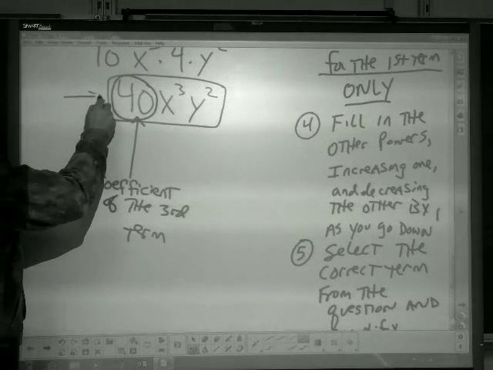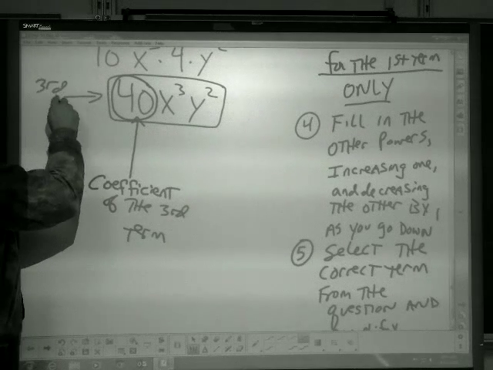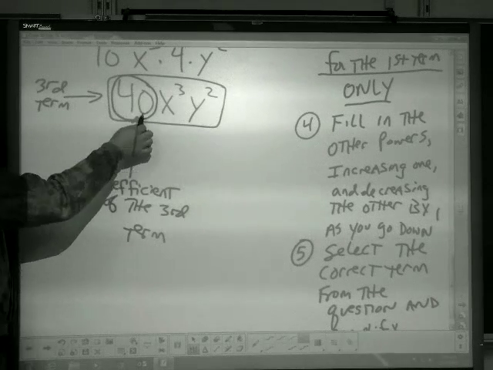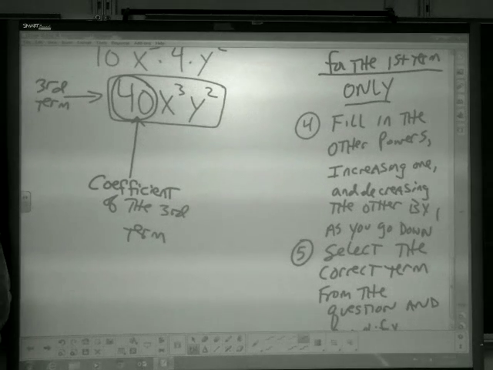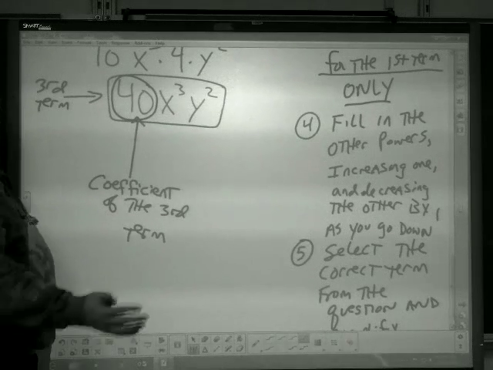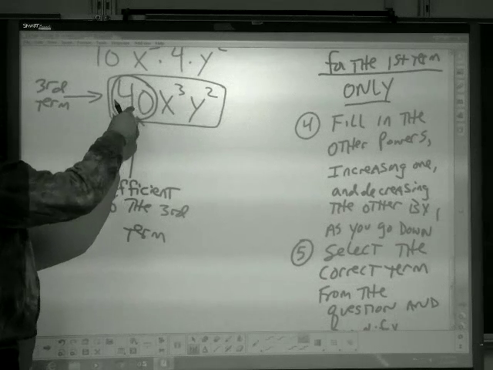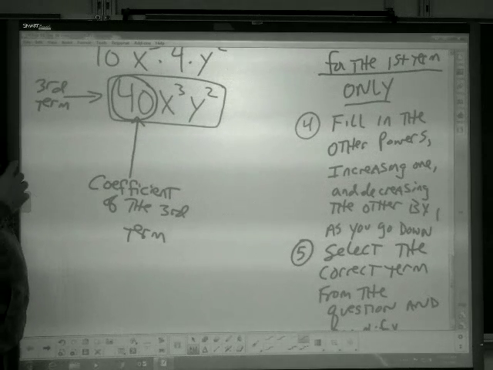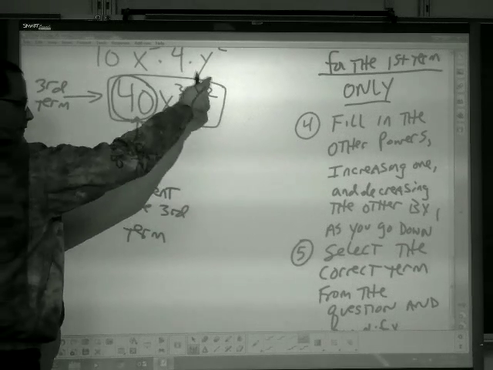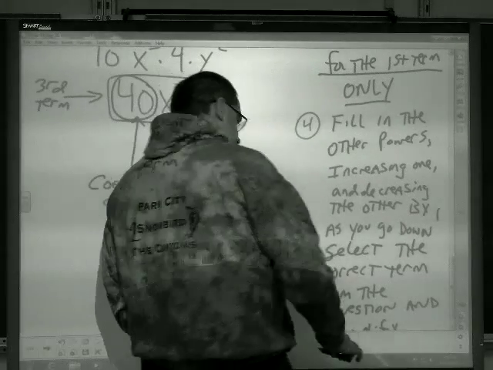This whole thing is the third term. This would be the coefficient of the third term. Sometimes the question might ask, what's the coefficient of the third term? You have to find the whole third term and then just pick out the 40. Sometimes the question asks, what is the third term? In that case, it's the whole thing. We're going to practice this in class.